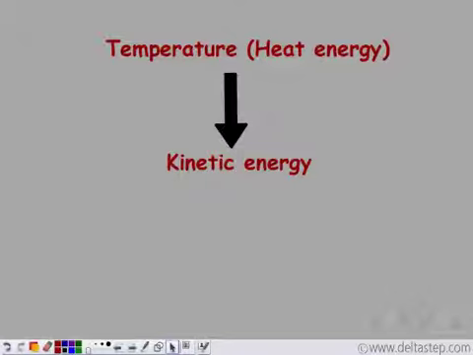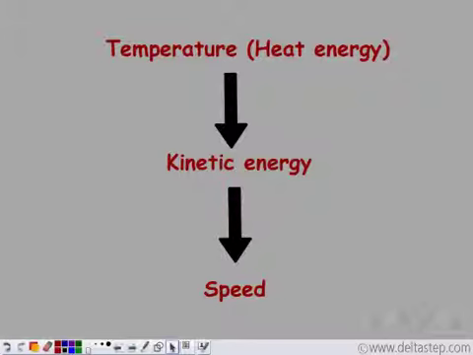We know that kinetic energy and speed are related. Greater is the kinetic energy of the particles, greater is the speed. So more the temperature, more the kinetic energy, greater is the speed. So is it for vice versa. Lesser the temperature, lesser the kinetic energy, and so lesser is the speed.